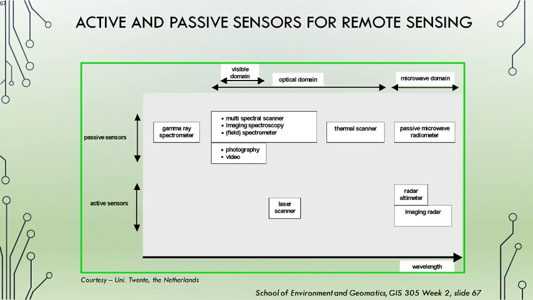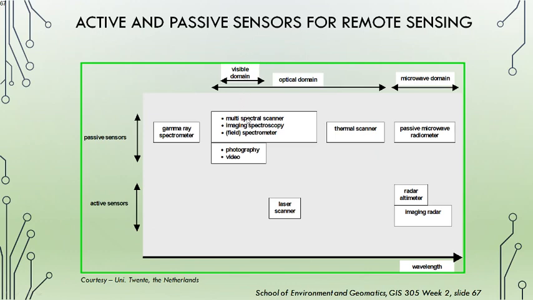You can use spectrometers that focus on gamma rays, but that's not at all something we'll be touching on in our case. Like we said earlier, we're going to focus on the visible and optical domain that is defined by visible light and near infrared light.